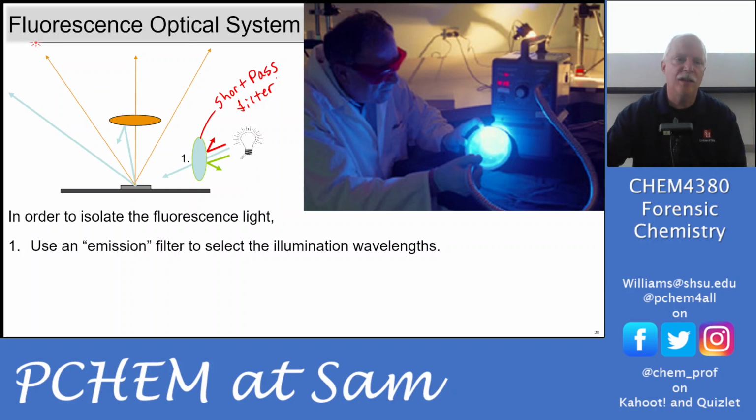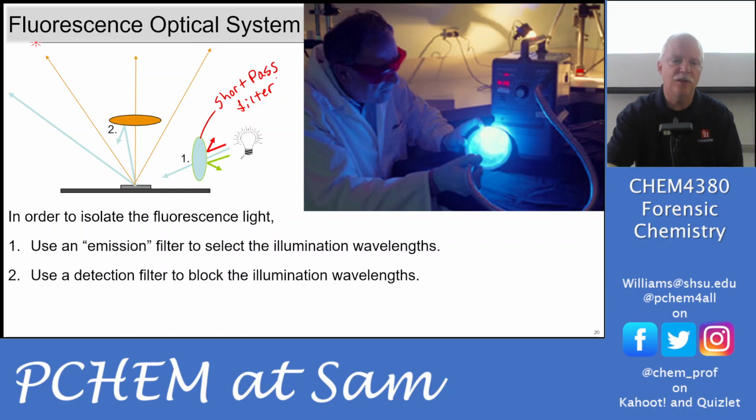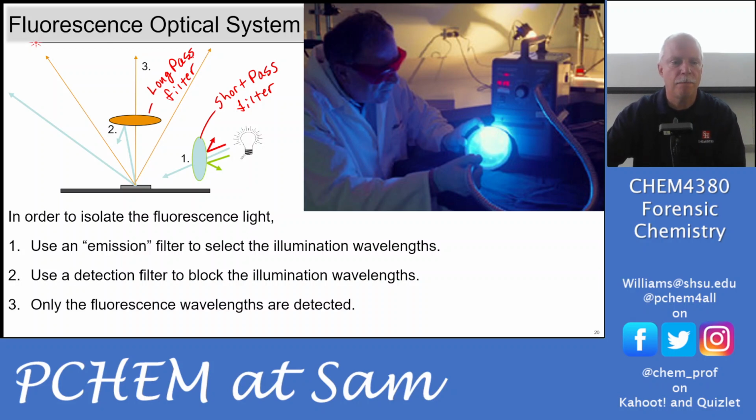And then our detection filter will block those illumination wavelengths. And so this will be a long pass filter. And that lets the fluorescent light through. And so only those fluorescent wavelengths are detected. So we can set this up.